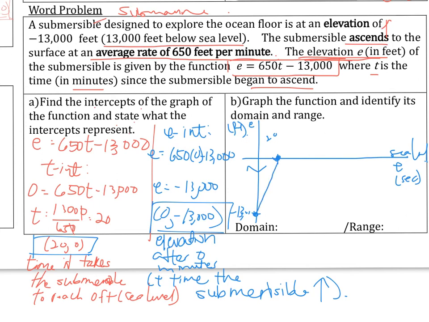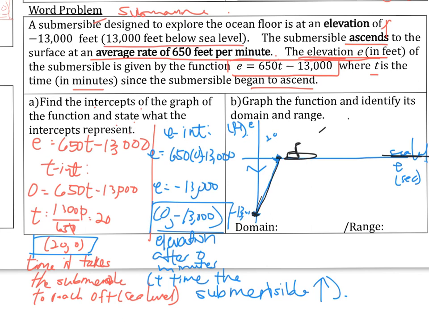Okay, this submarine needs to stop here at sea level, because if it continues to go up, it wouldn't make sense. It will be in the air. A submersible can't fly. And the point needs to end here for the y-intercept, because there's no such thing as negative time. So, yeah.